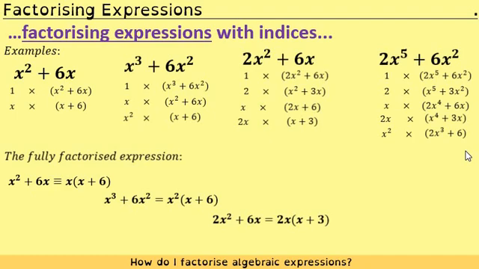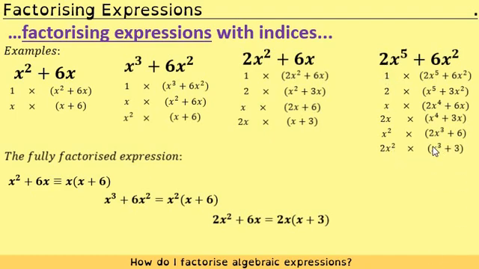Lastly, the greatest factor possible that I can take out of both of these terms in this expression is 2x squared. I can take out the greatest possible number and the greatest possible letters. So when I take out 2x squared, the first term, if I take out a factor of 2, then my 2 will disappear. X to the power of 5, taking out a factor of x squared, will leave me with x cubed.